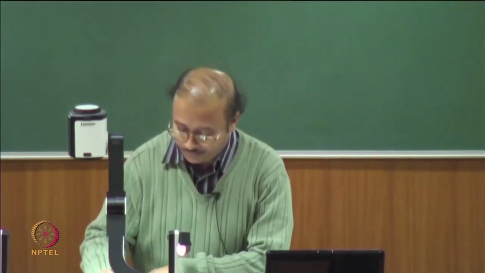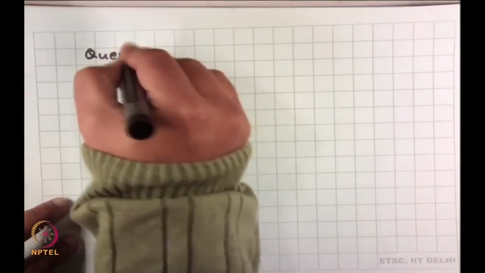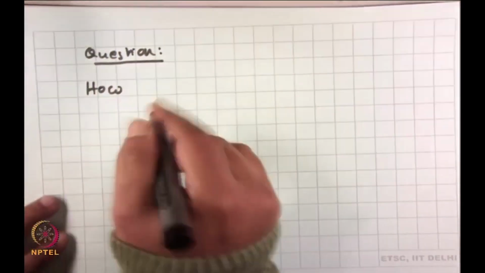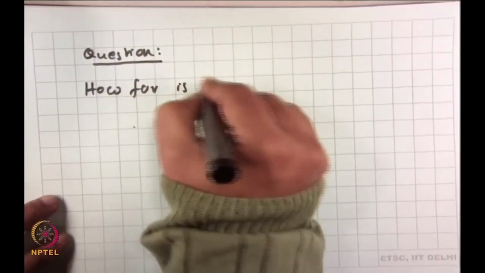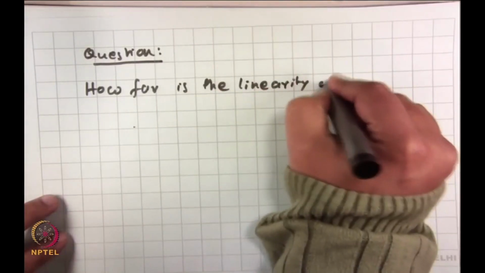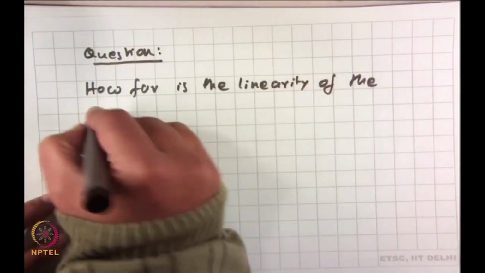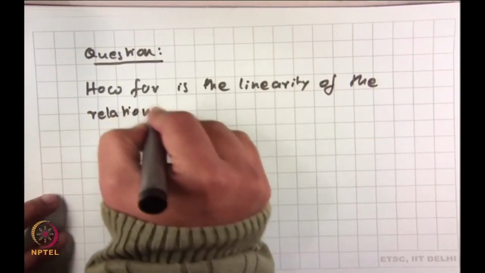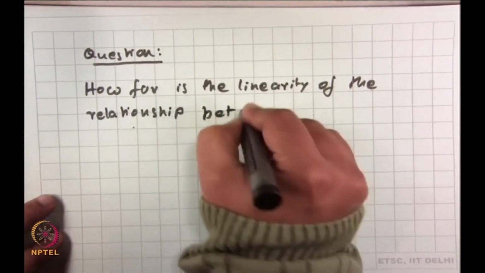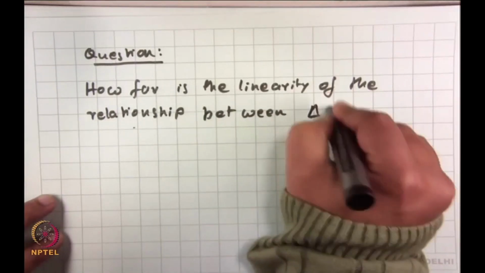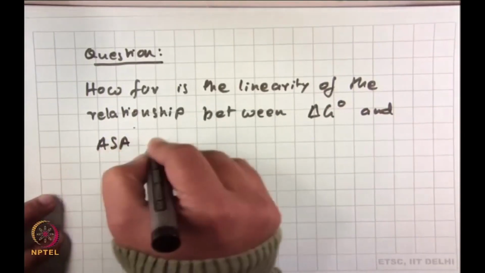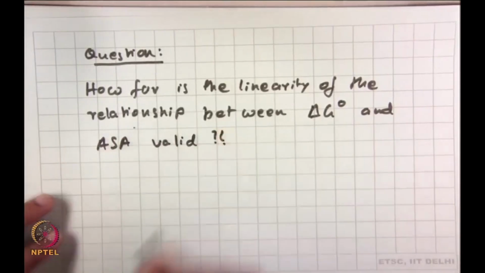So now the question is, how far is the linearity of the relationship between the transfer free energy delta G0 and accessible surface area valid?